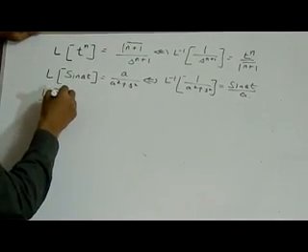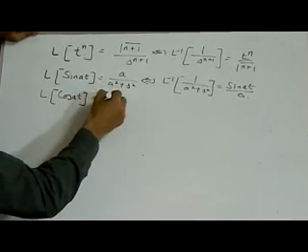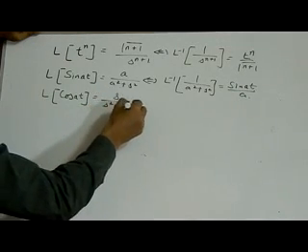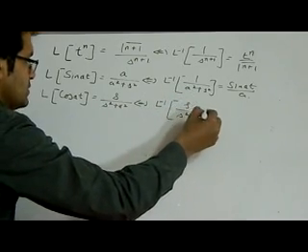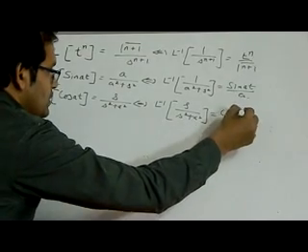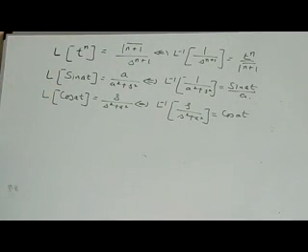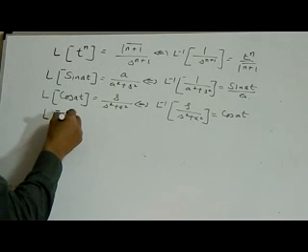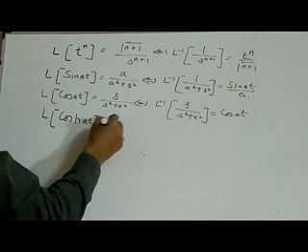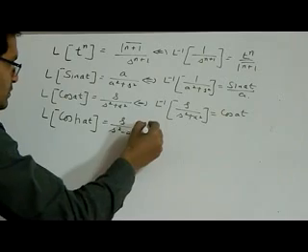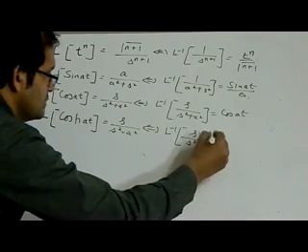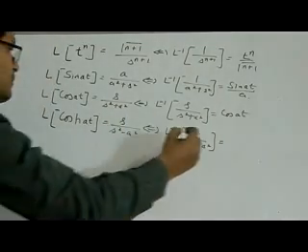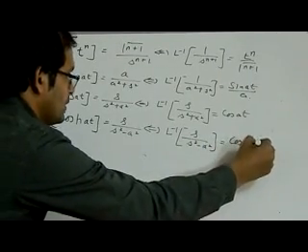Similarly, we had done that the Laplace of cos at is s upon s square plus a square, if and only if the inverse transformation of s upon s square plus a square is cos at. That we had already done. Another thing: the Laplace of cos hyperbolic at was s upon s square minus a square, so the inverse of s upon s square minus a square is simply cos hyperbolic at.